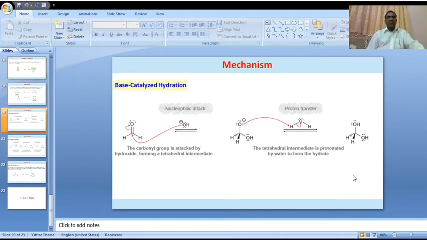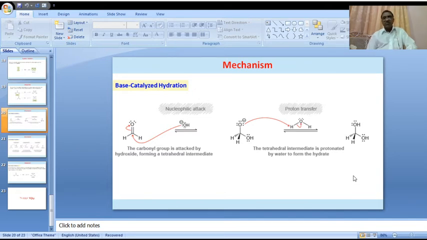Here the reaction proceeds in base catalyzed hydration. In this base catalyzed hydration process, there are two steps. The first step is nucleophilic attack and the second step is the proton transfer step.